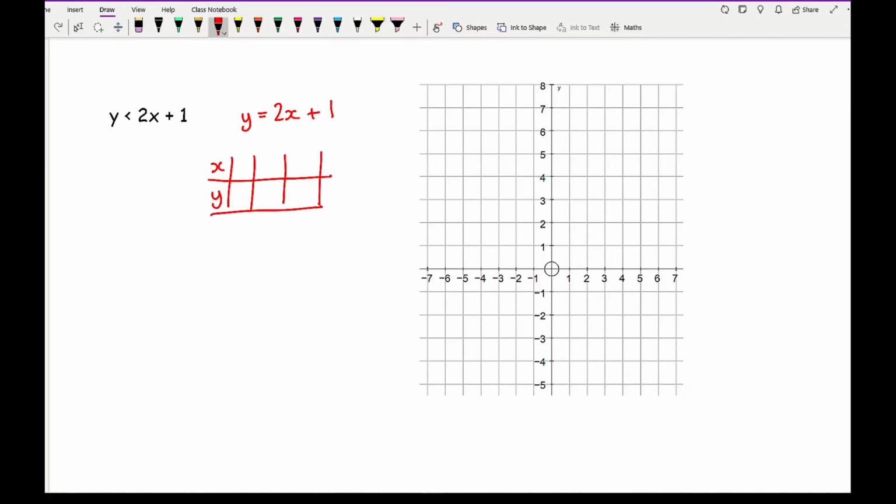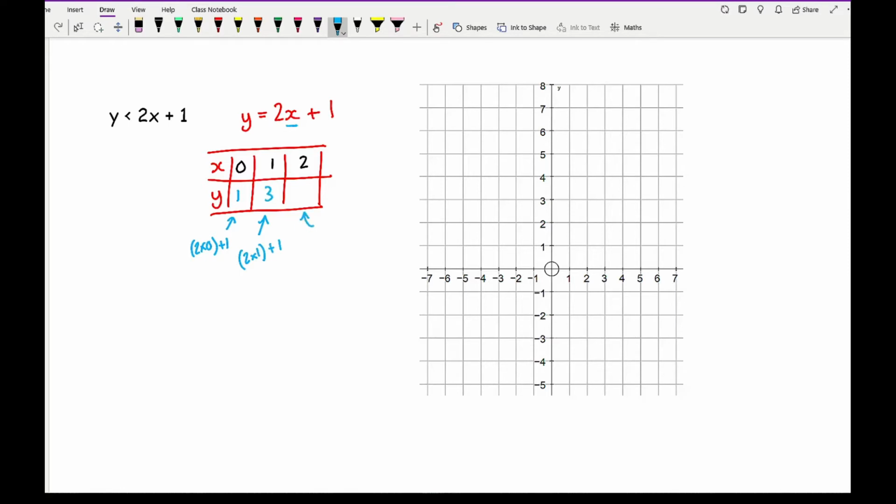If you remember from the video, I'm just going to pick three small numbers for x, and substitute them into this equation to work out what the y ordinates are going to be. For this coordinate, I'm going to swap x for 0, so it's 2 times 0 plus 1, which is 1. For this coordinate, I'm going to swap x for 1, so it's 2 times 1 plus 1, which is 3.